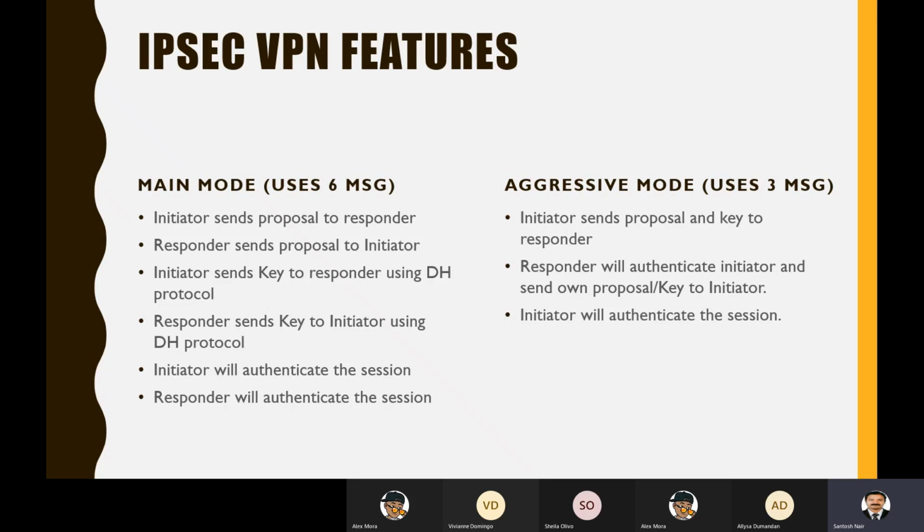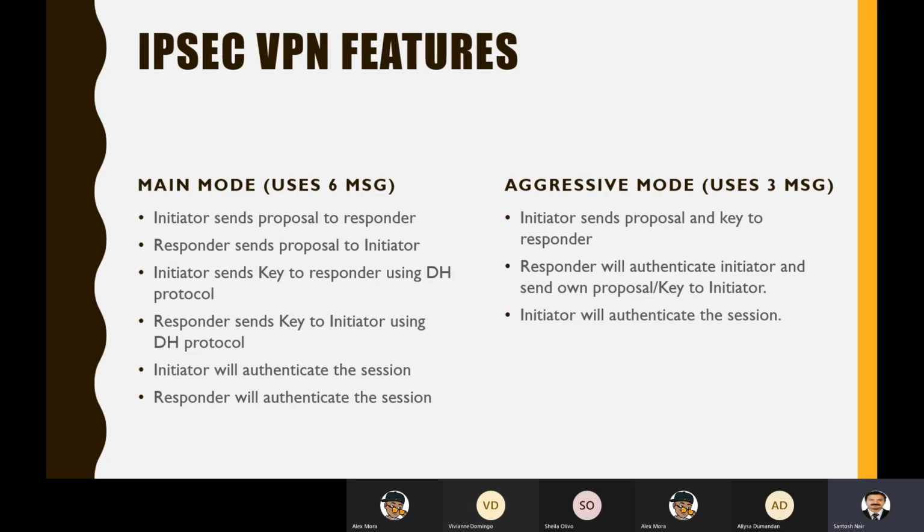So definitely this is a very important thing that you should always understand. Where is main mode used? What is main mode? How many messages are there in main mode? And by default in site-to-site VPN, which is the mode that we are using in phase 1? Main mode.